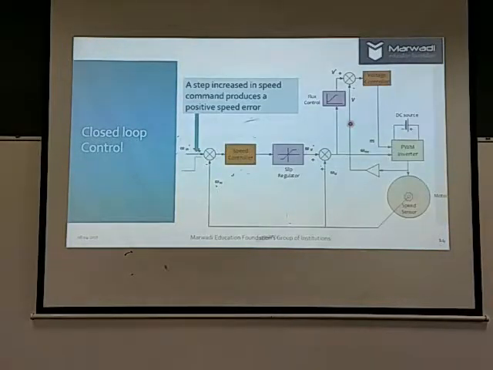So what will happen when there is a step increase or step decrease in the speed command? Let us see. Whenever there is a step increase in speed command, it will produce a positive error. Because there is a large difference between the actual reference and the mechanical speed, the speed controller will provide the slip speed such that it will saturate.